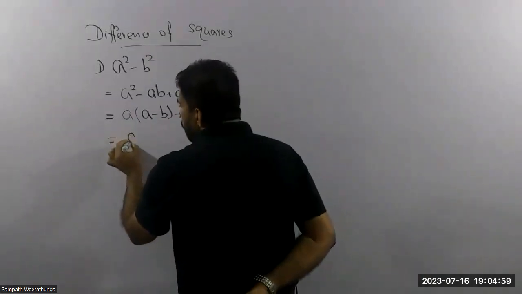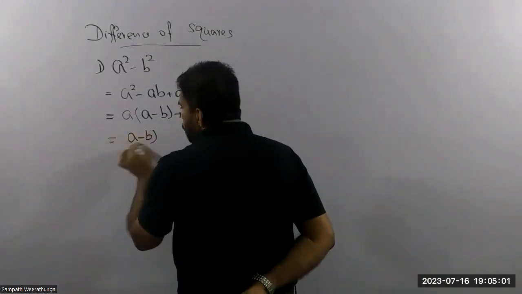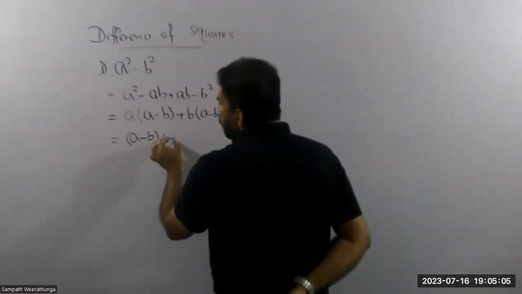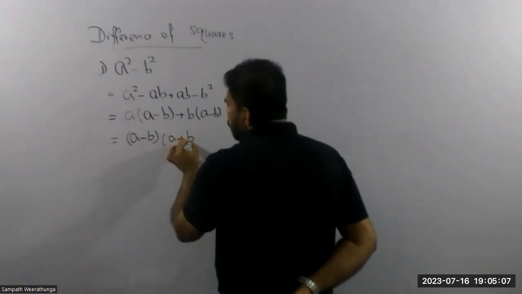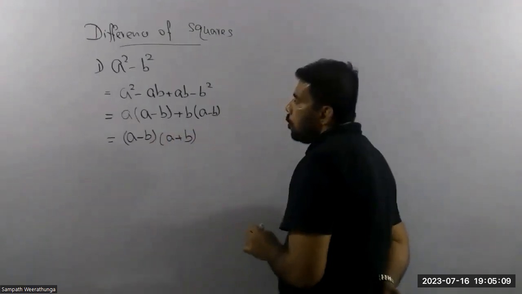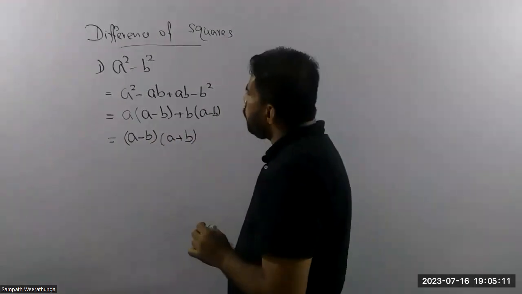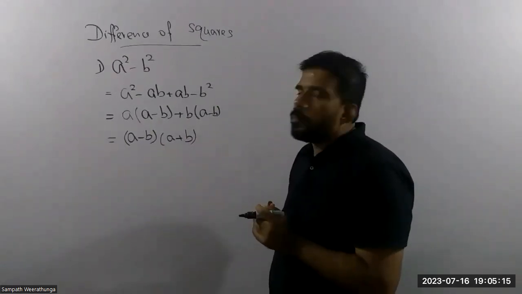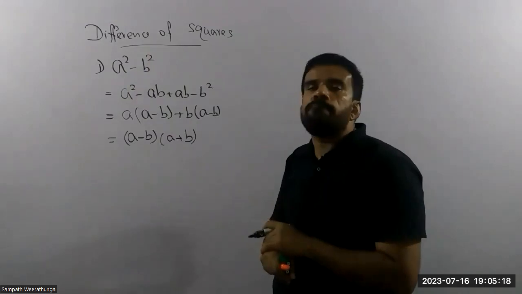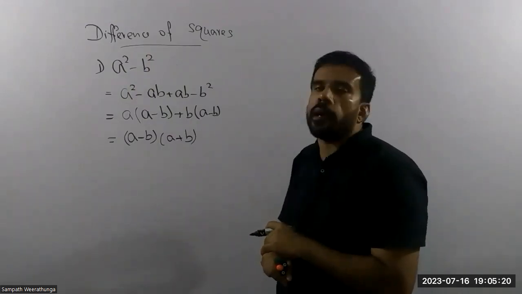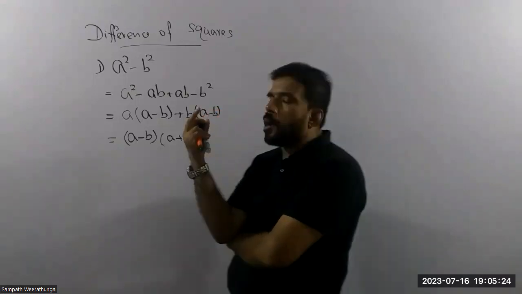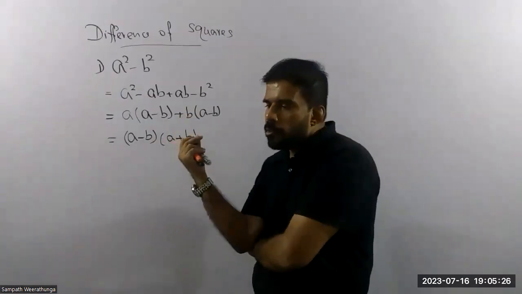So I'll take A minus B out, and from the first term A is common and from the second term B is common. So I'll end up with two factors for this difference of squares. That for A squared minus B squared, I can factorize it further.